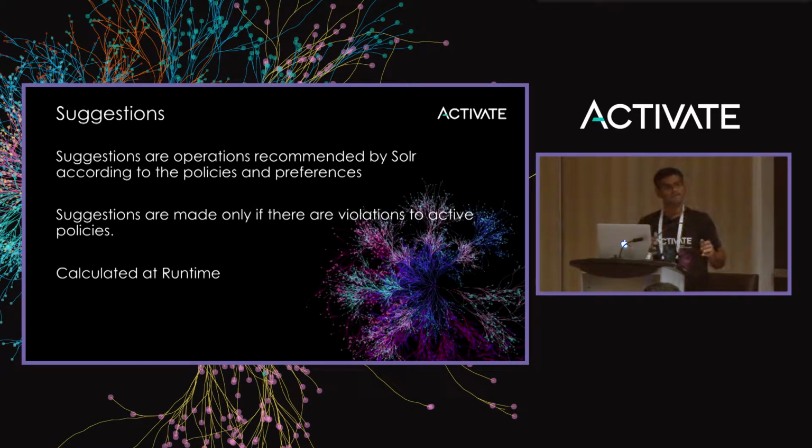Now that we've covered policies and preferences, the one problem that you can have is you set this policy that, you know what, never assign a replica on a JVM which has less than 500 gigabytes index space, disk space, right? You set that up.